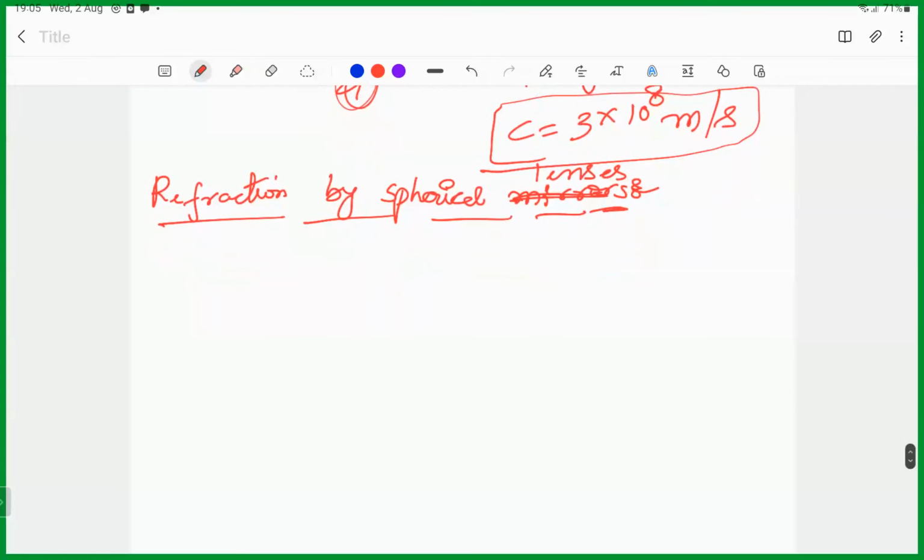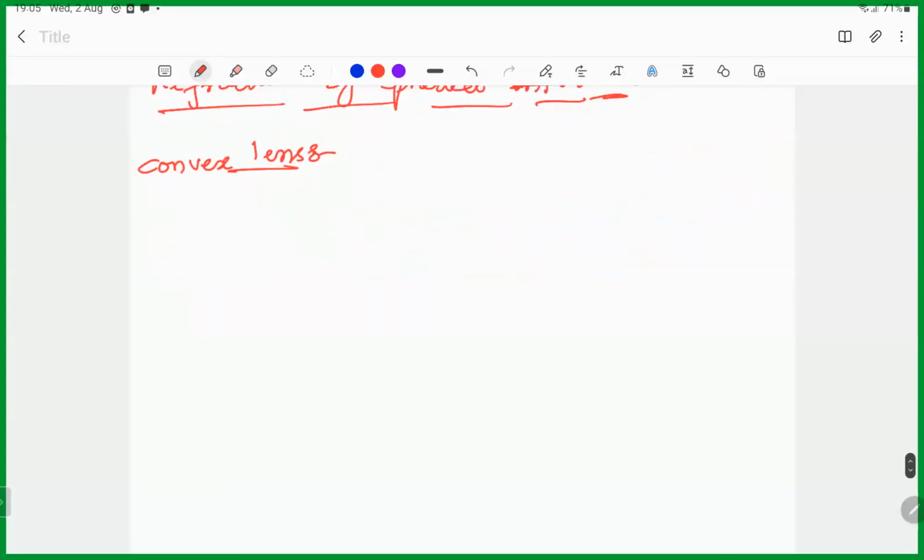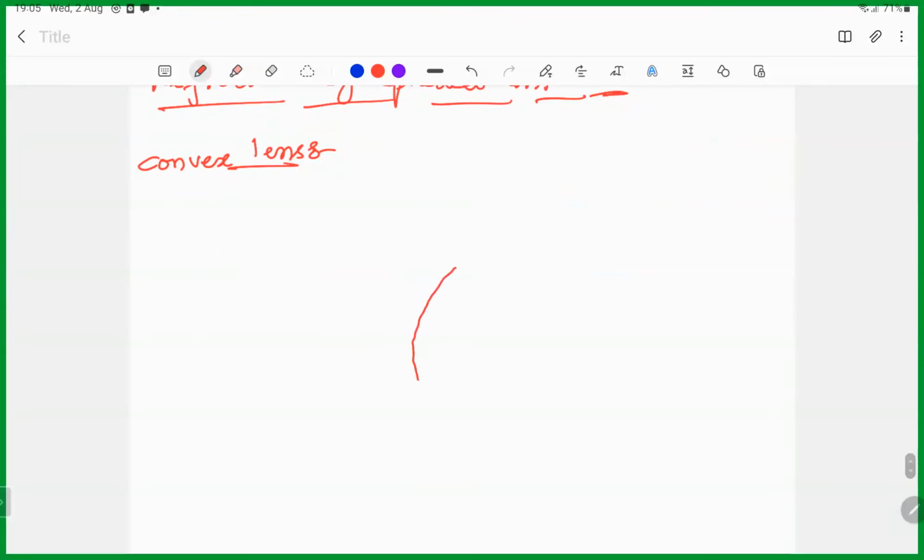Okay, so let's look at the convex lens. What is this point O?